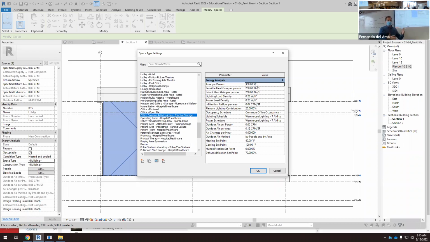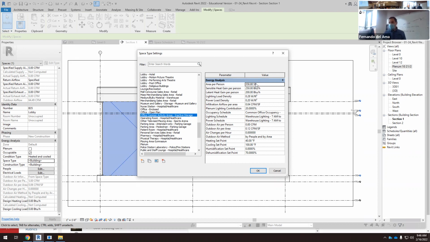Do you think we have more, less area per person? Less. Well, now there is nobody in that lobby. But I don't know, if there's a meeting there, there are a lot of people arriving at the lobby. We can have more people. So again, this is our decision.